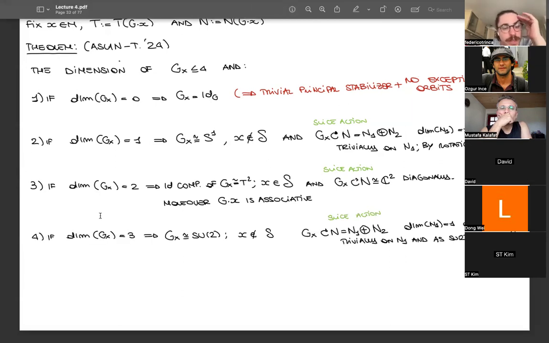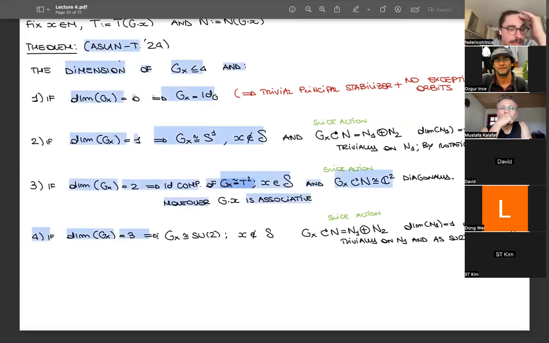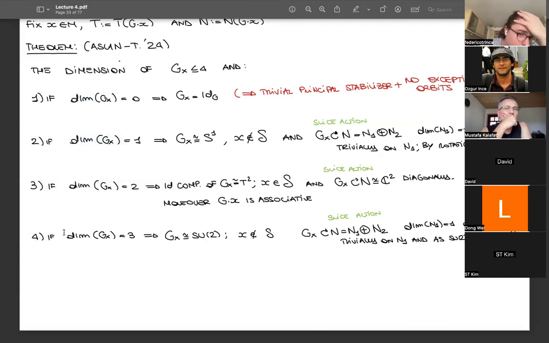Finally, the last case is when the stabilizer is three-dimensional, and then it needs to be isomorphic to SU2. We cannot be in S, and the slice action is trivial on a one-dimensional subspace, and as SO4 on a four-dimensional subspace.